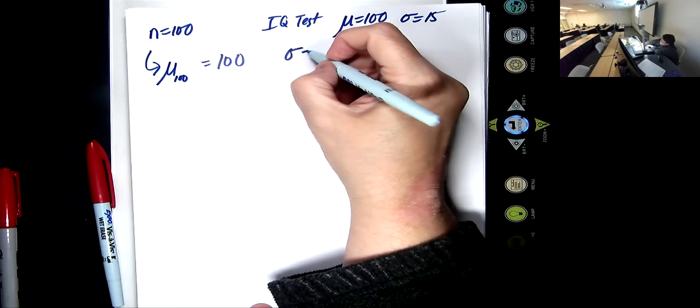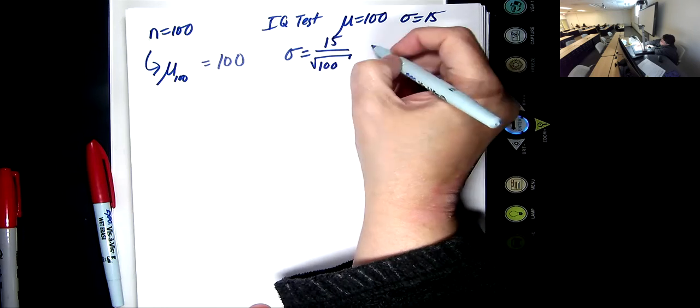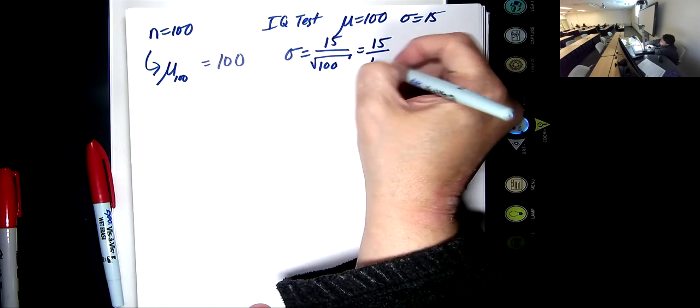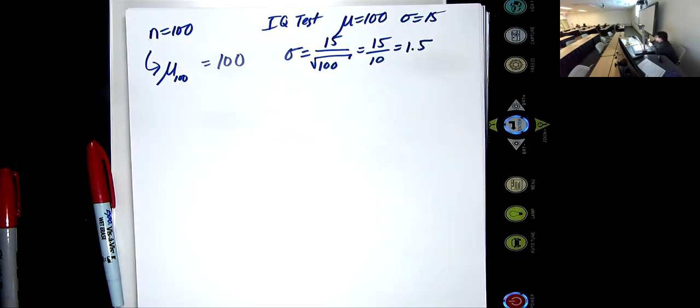But the standard deviation was 15 divided by the square root of 100, which is 15 divided by 10, which is 1.5. So I got 10 times narrower, which means the bell basically got 10 times taller. It just doesn't show it on the screen that way.